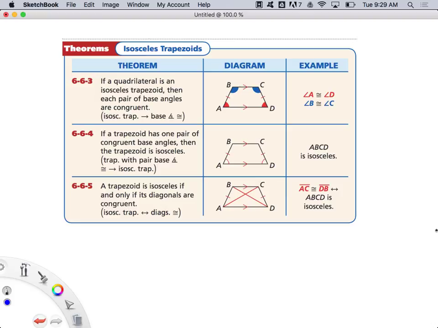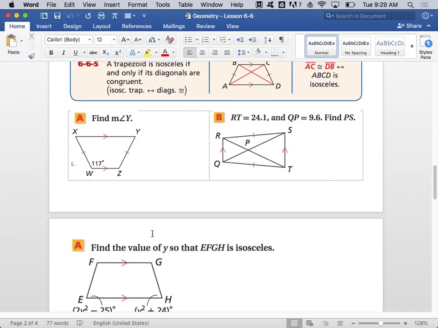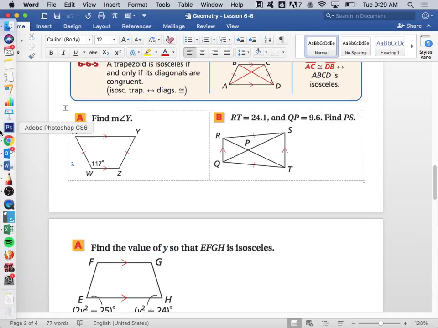A trapezoid is isosceles if its diagonals are congruent. See? So an isosceles trapezoid has congruent diagonals. And most of the time, just looking at a picture, you'll be able to determine that anyway. So that's the point. It's just trying to get to a place where you're like, yep, I could do that.